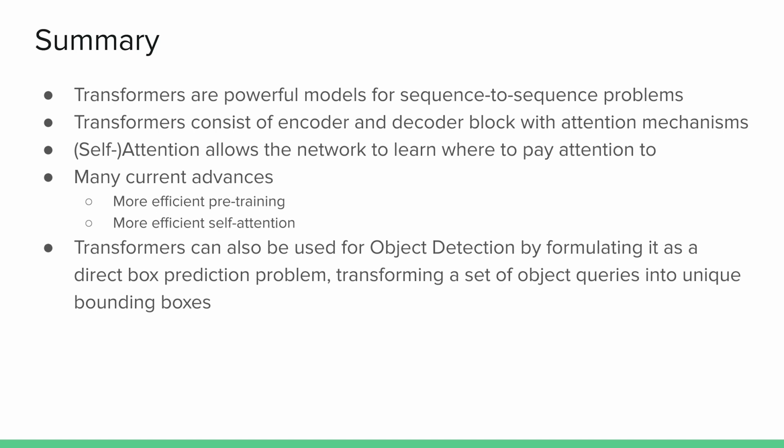That was this idea of not having an output sequence but object queries that learn where to look in our input image, into unique object boxes, these bounding boxes, and had this Hungarian algorithm of this bipartite matching loss, where we try to find a unique assignment between sets of boxes.